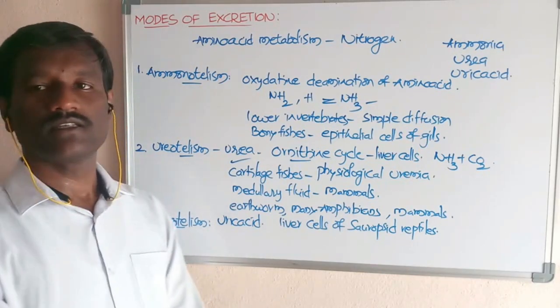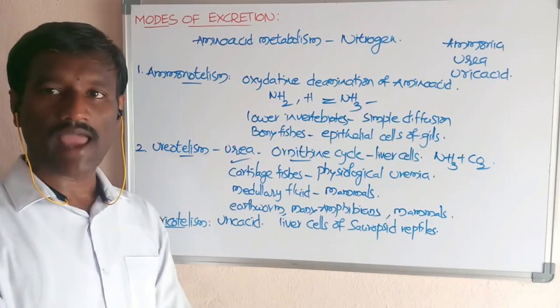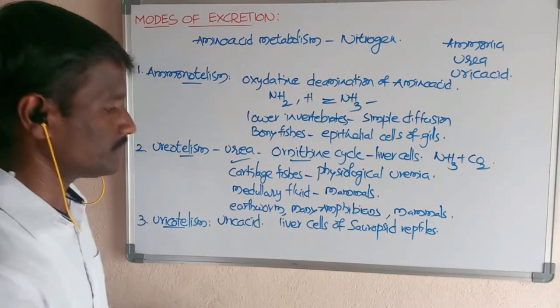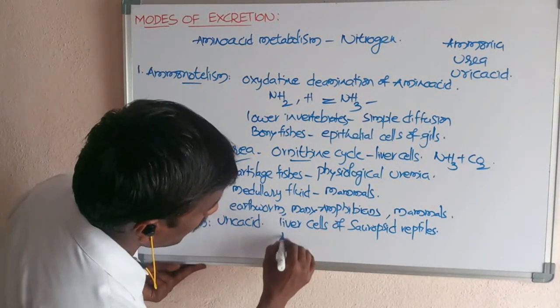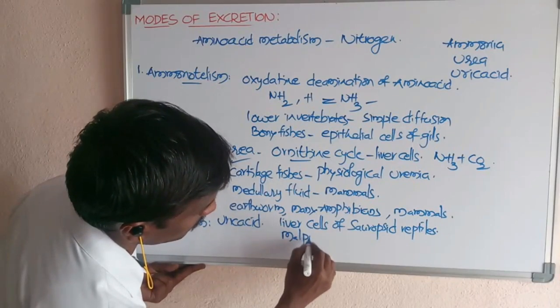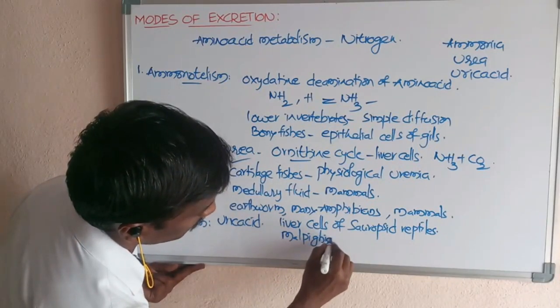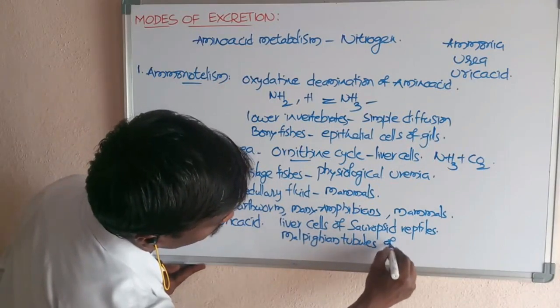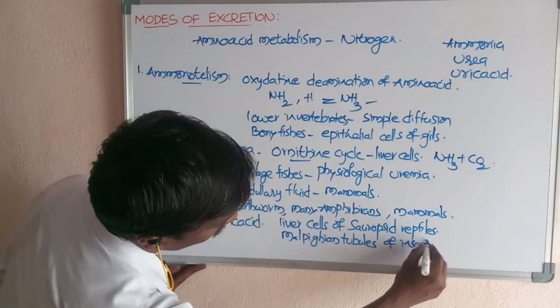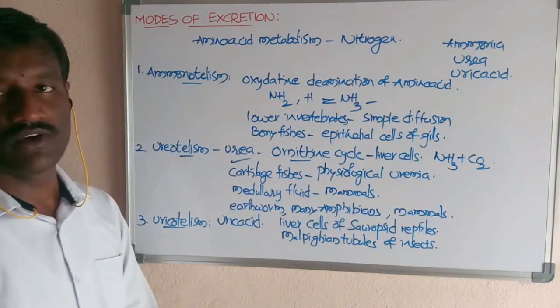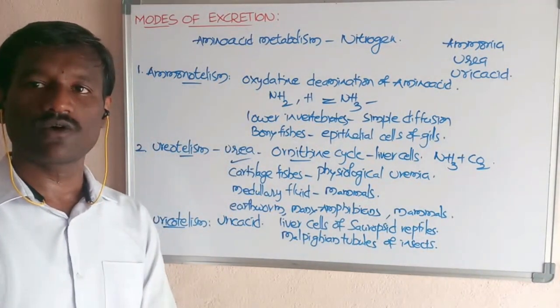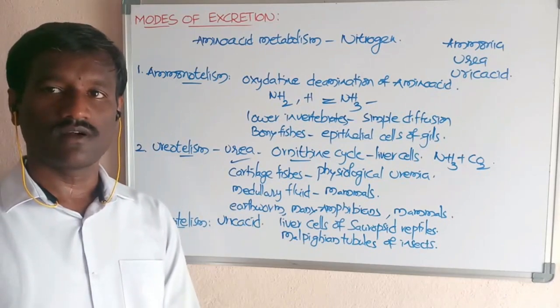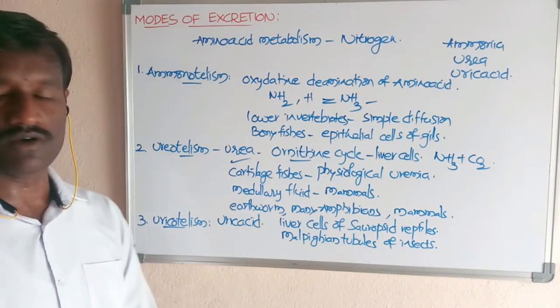Uric acid is also formed in the Malpighian tubules of insects. Insects are also called tracheate arthropods.